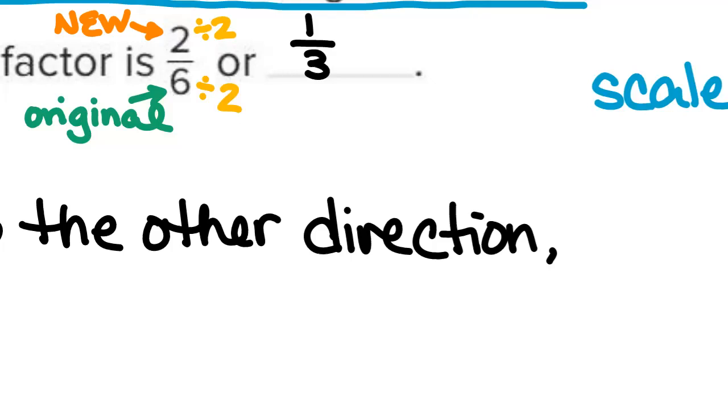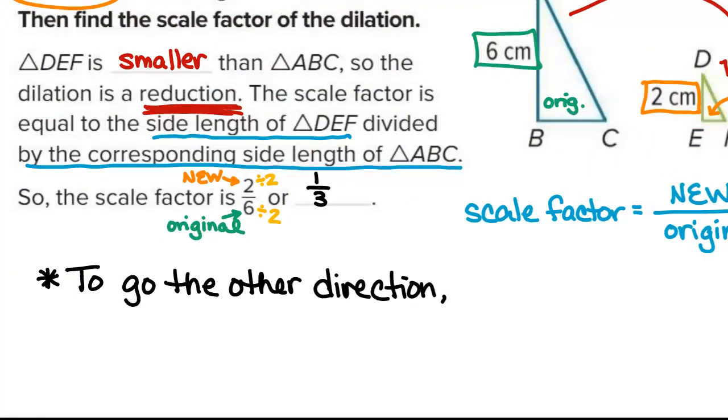And my new shape was triangle ABC. If DEF was the original and ABC was the new shape, would that be an enlargement or a reduction? That'd be an enlargement then. And so to find my new scale factor, I would flip the fraction around.